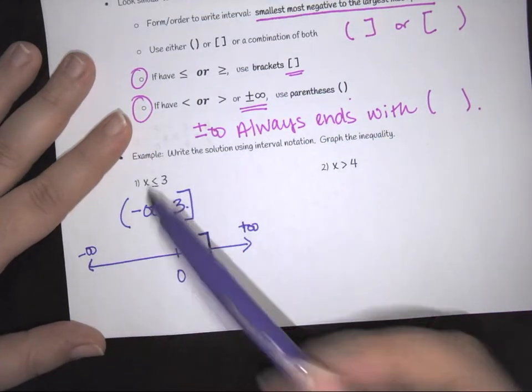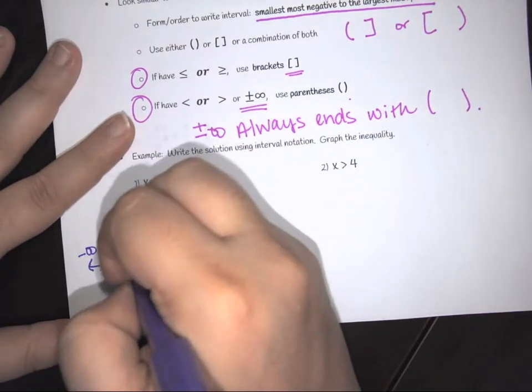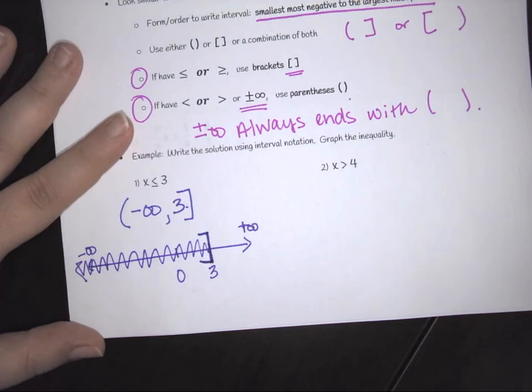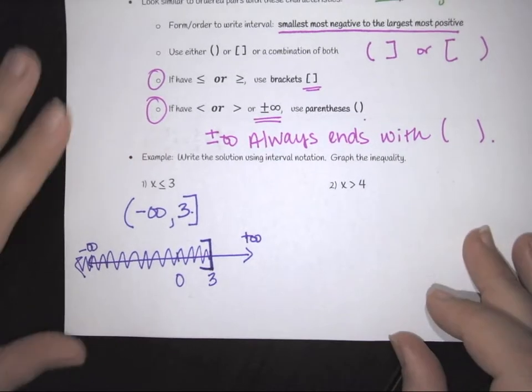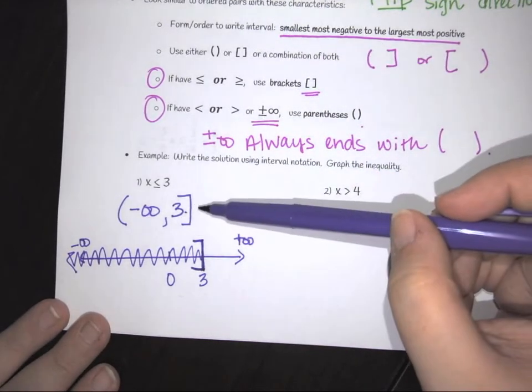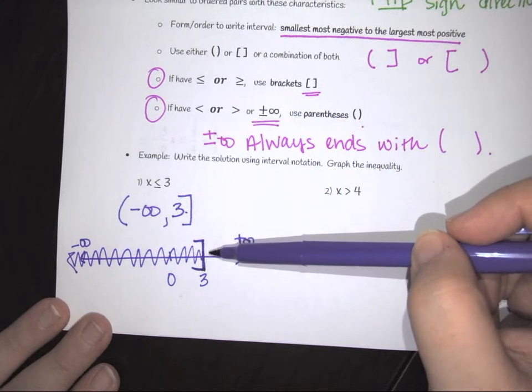Then I want all x values less than that, so I am essentially shading down in that direction, and I'm going to go through my negative infinity, showing that I'm including all x values that make that positive. Now take a look at it for just a second. You can see that your interval and your graph match.